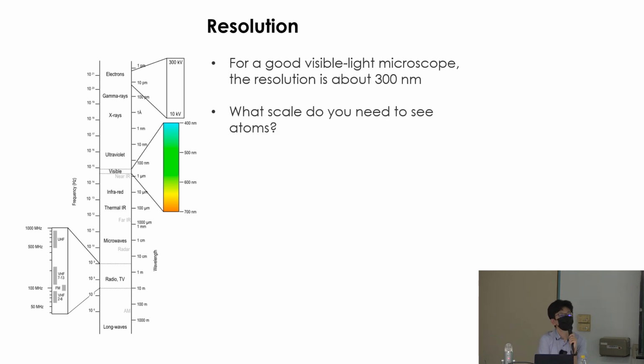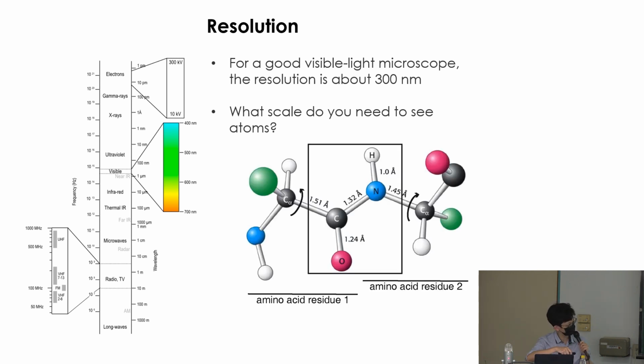So then, what scale do you need to see, let's say, an atom, a peptide bond, a helix, a protein, or a cell? Before you start your experiment, you have to know which microscope to use. What scale do you need to see an atom? Here, I'll show you the peptide bond structure I use in my undergraduate course.